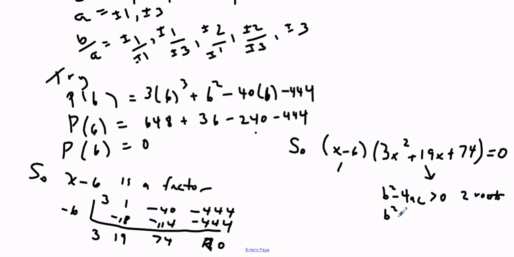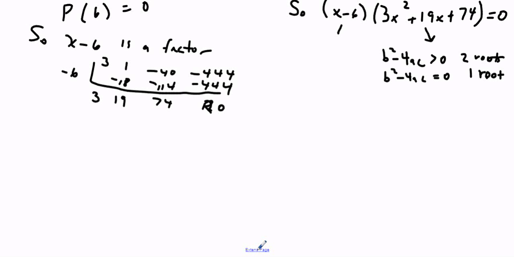If b squared minus 4ac is equal to 0, I know there's 1 root, and again, might be factorable, or it might not be a very nice root at all. So in which case we might still have to use the quadratic formula, or we know that b squared minus 4ac could be less than 0, in which case there are no roots.